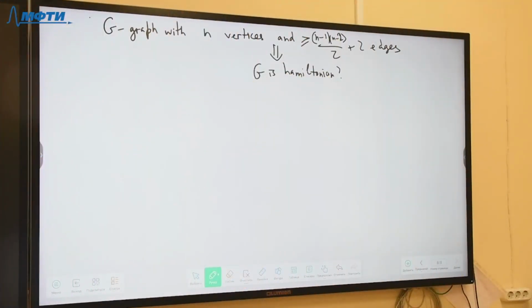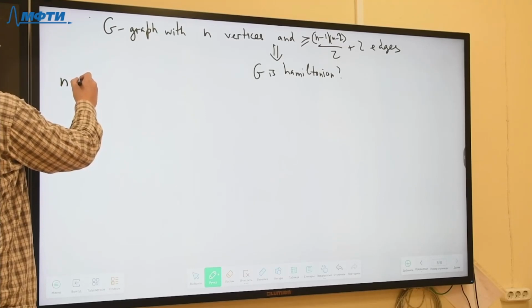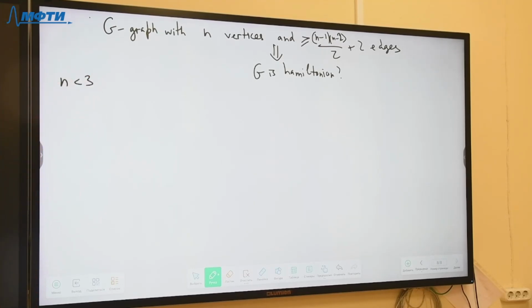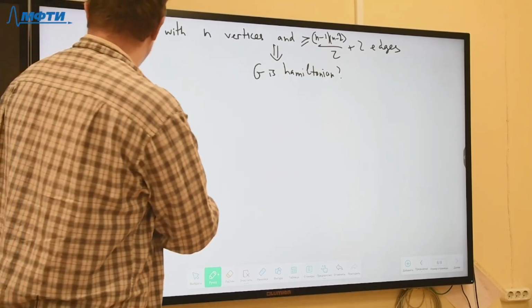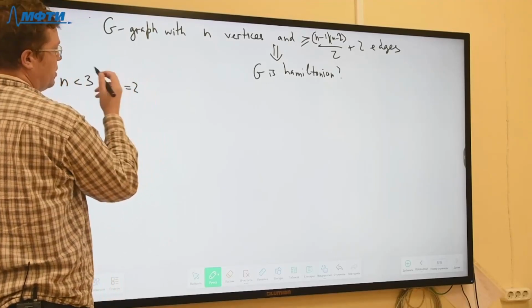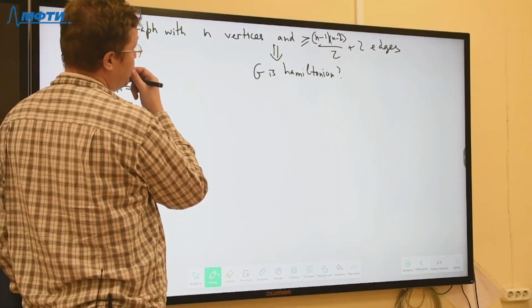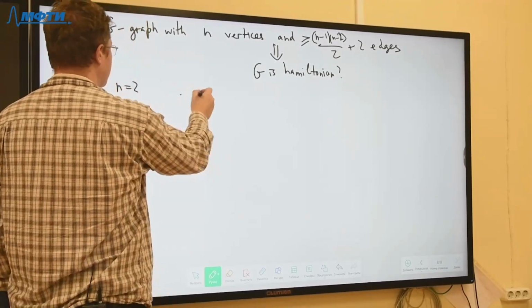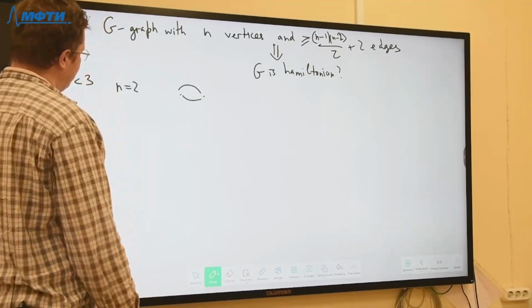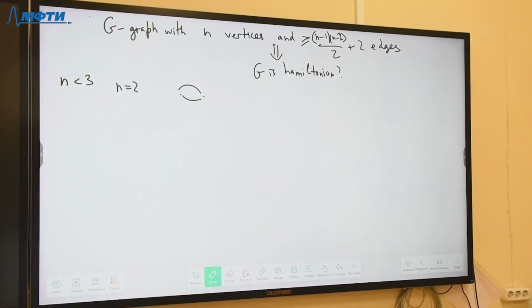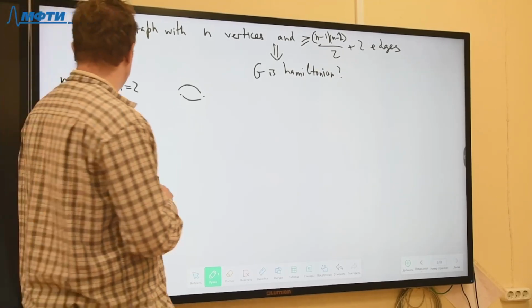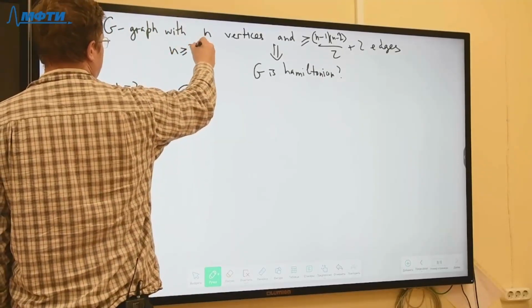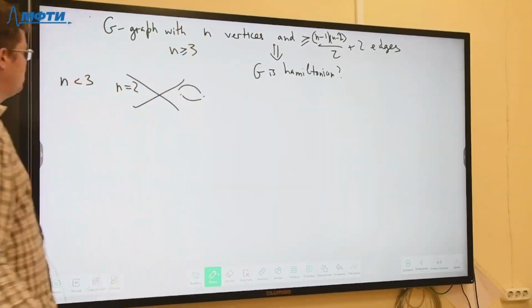First of all, we can look at all cases where n is strictly less than 3, which are 1 and 2. Let's check for example n equal to 2: two edges. Yeah, so we have two vertices and two edges between them. I don't think it's a correct example because we assume that our graph has no repeated edges, so we can just assume that n is greater than or equal to 3.